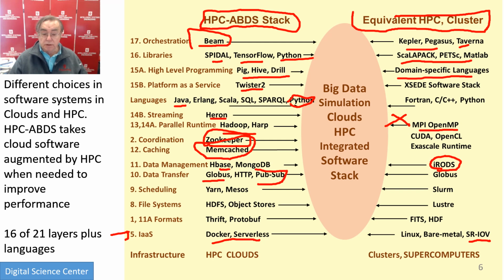You could, in principle, use Globus on both sides, because it's basically GridFTP, and FTP is FTP, a famous technology. Scheduling, we have these interesting comparisons, YARN and Mesos on the data side compared to Slurm, which is the standard scheduler, which is a little lower level than YARN and Mesos on the big data side. My guess is something like Mesos or YARN will actually become the standard scheduling system, and Slurm will get integrated into it.